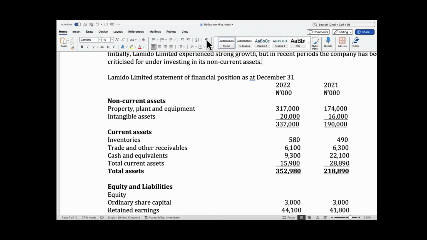And also, the computation of EPS using the weighted average number of shares as the denominator makes the computation of EPS complex.